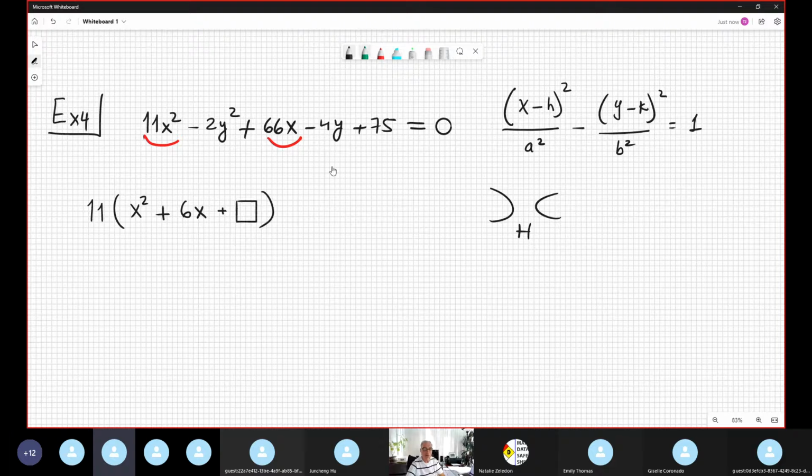Okay, now I'm focusing on the y part. I factor out, what? I factor out -2, I guess so. -2 out. We have y squared plus 2y, because I factor out the negative 2 and stay inside the parenthesis 2y.